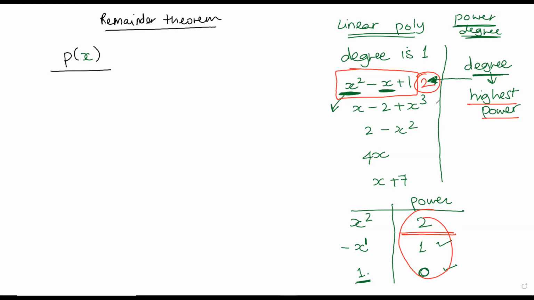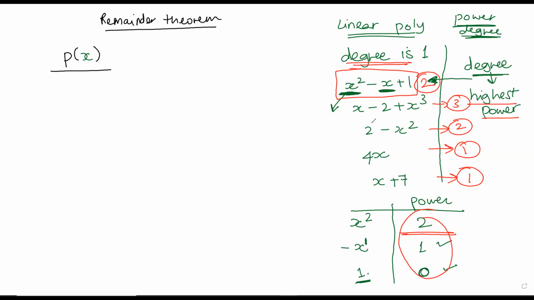Yes, the degree of this is 3. Over here, Mridula, 2. And what is the degree of this? 1. And Hamna, what is the degree of this? 1. So a linear polynomial is that polynomial whose degree is 1.